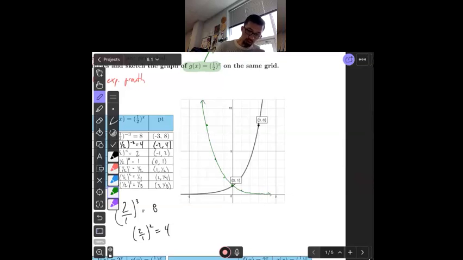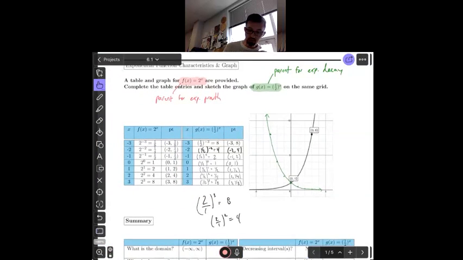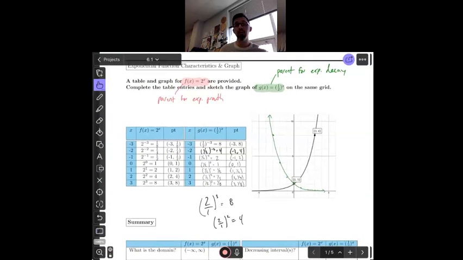That's beautiful. Okay. It should not cross the x-axis, should not touch the x-axis technically. It should look like that, arrows on both ends. So there's our parent function for exponential decay.